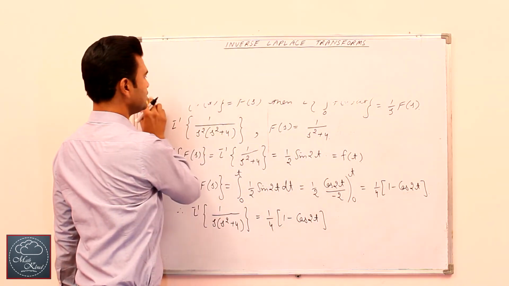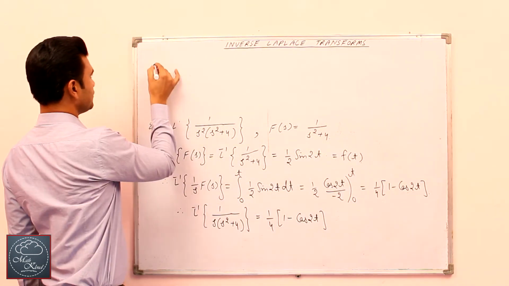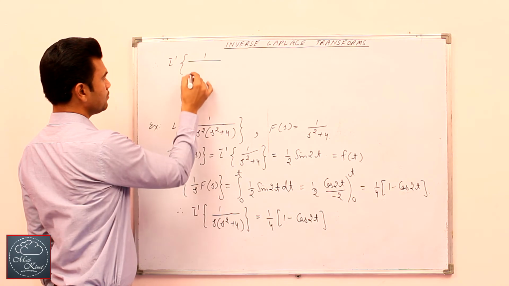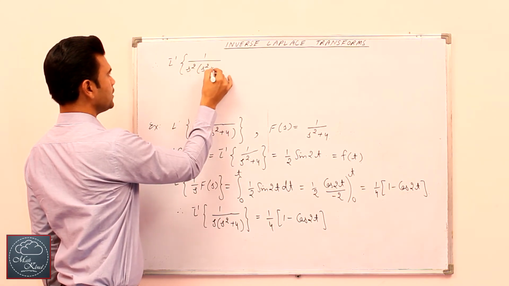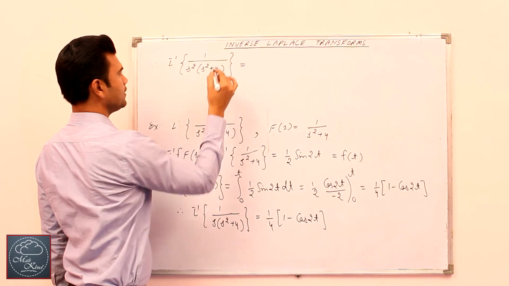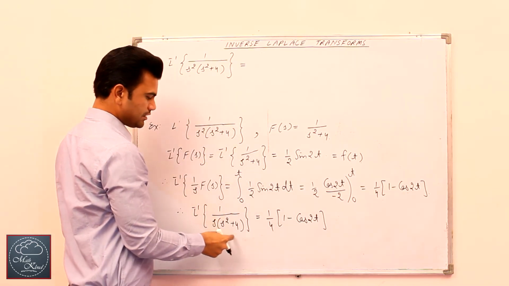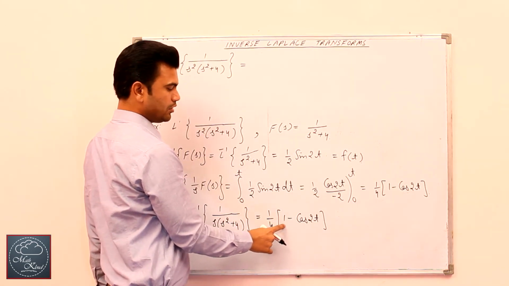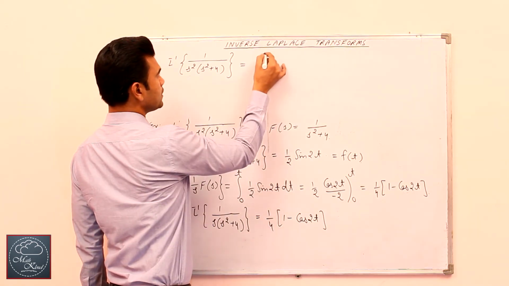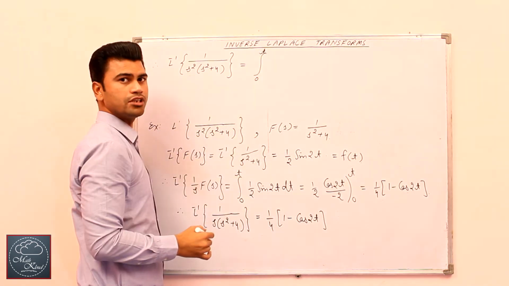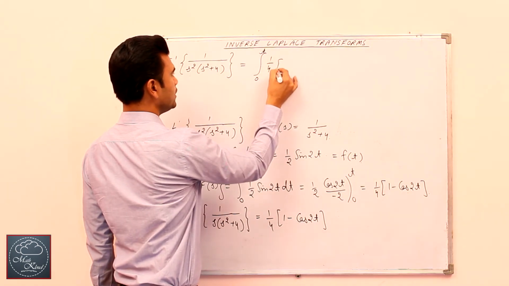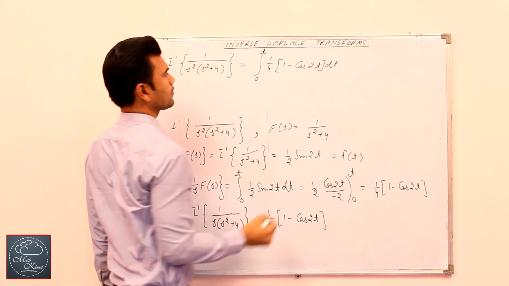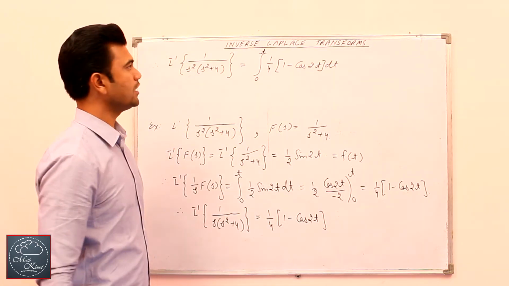Again by using the same result, by dividing it again with s, the inverse Laplace transform of 1 over s square into s square plus 4 will be given by the integral of the inverse Laplace transform of this function, which is 1 by 4 into 1 minus cos 2t. So it is equal to the integral from 0 to t of 1 by 4 into 1 minus cos of 2t dt, and you can easily integrate this to get your result.